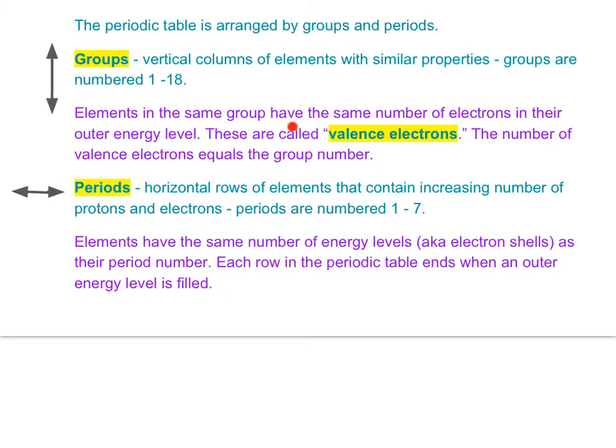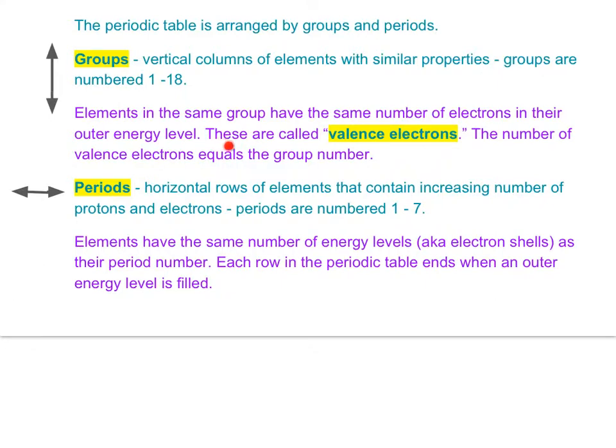Elements that are in the same group have the same number of electrons in their outer energy shell. This is actually one of the reasons that we've discovered why they have similar properties. So the fact that they have the same number of electrons in their outer energy level allows them to bond in certain ways. Our next chapter goes more into bonding.